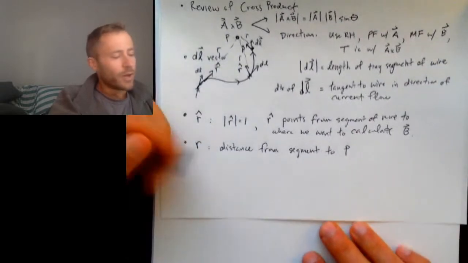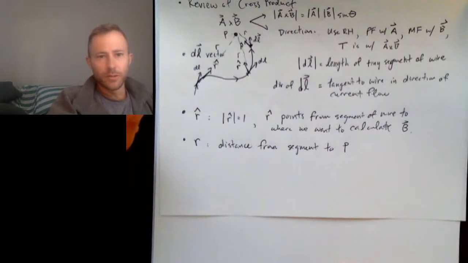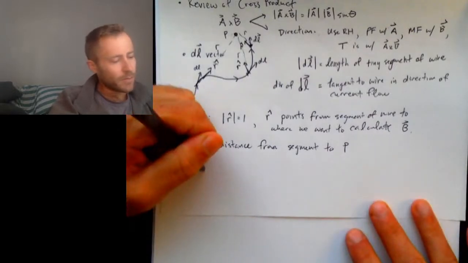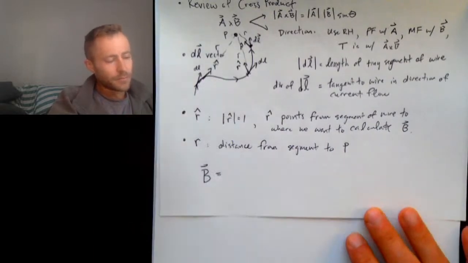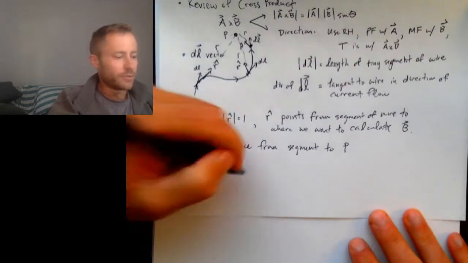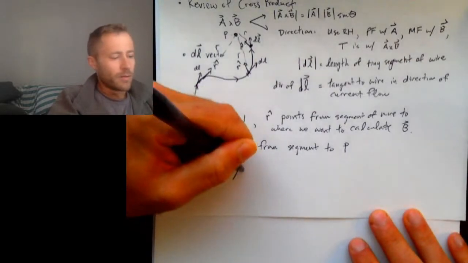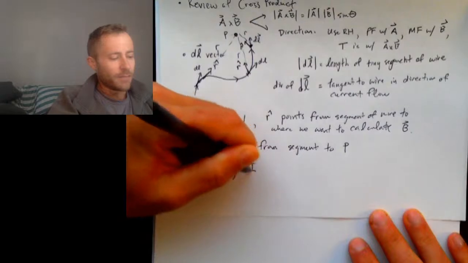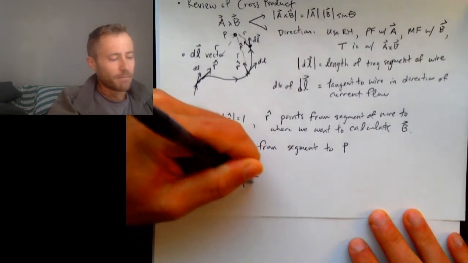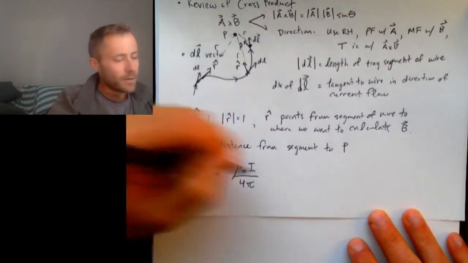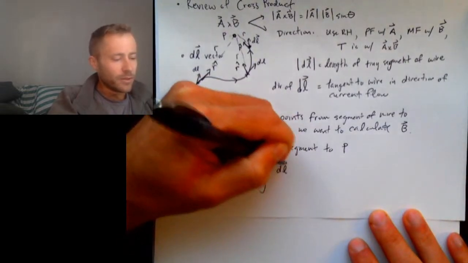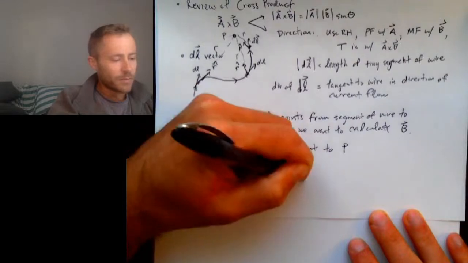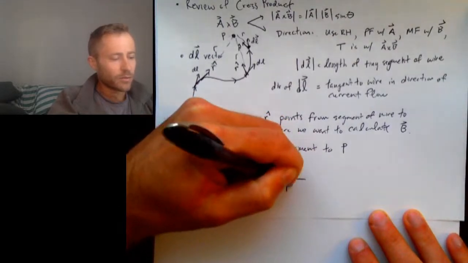Okay, so now we are in the position to state the Biot-Savart law. The Biot-Savart law is mu naught I over 4 pi times the integral of dl cross r hat over r squared.